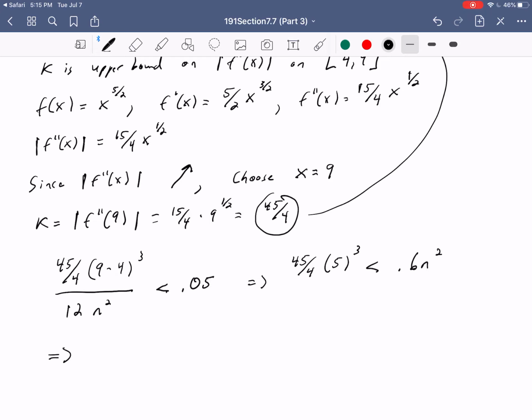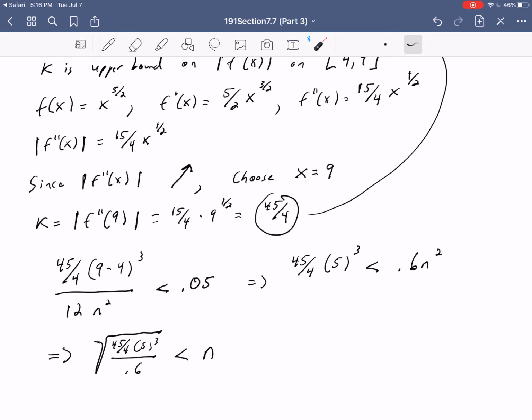And then that would tell us that the square root of 45 over 4 times 5 cubed divided by 0.6 is less than n. That's just dividing the 0.6 over and then square rooting. If we type that into a calculator, we have the square root of 45 divided by 4 times 125, because that's what 5 cubed is, then divided by 0.6.